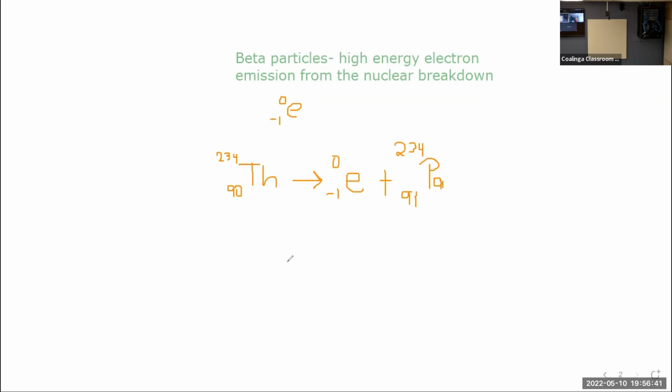Usually it's one or the other. It'll be sequences of reactions occurring until you get to a stable product. It could be alpha here, then a beta, then an alpha, then a beta, until it gets to something that's stable.